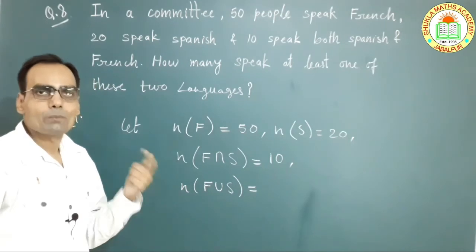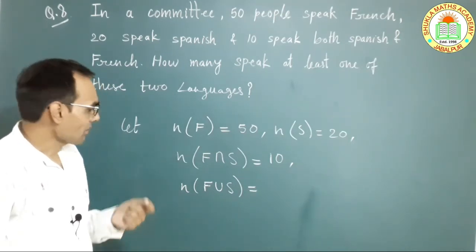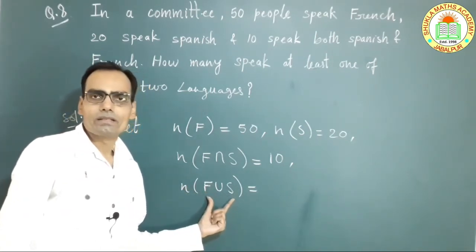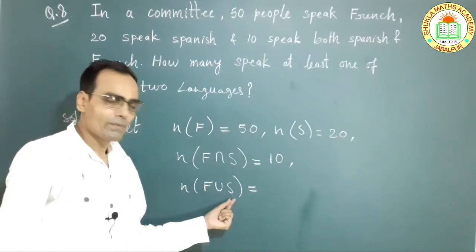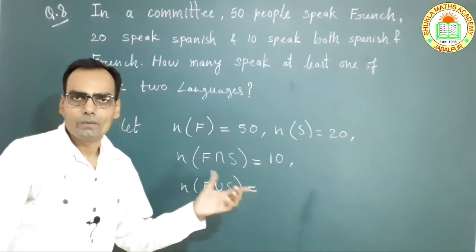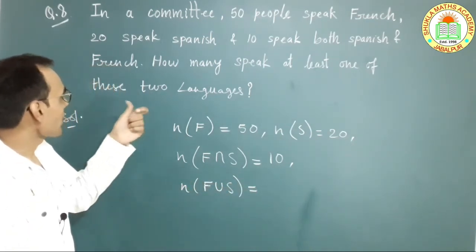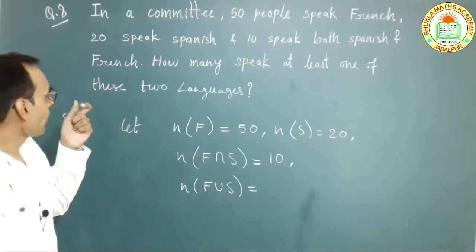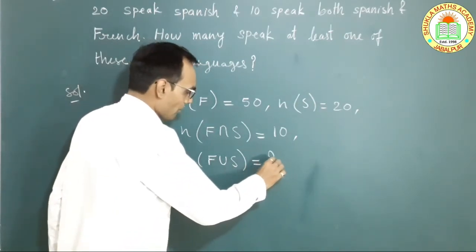Clearly the pupils who speak at least one language must belong to the set F union S, meaning those speaking French or Spanish, and we can take the union and find the number of elements in this set. So we get the required number of pupils who speak at least one of these two languages, right?